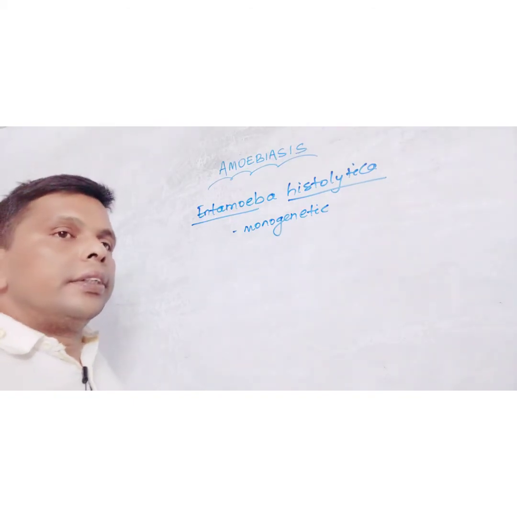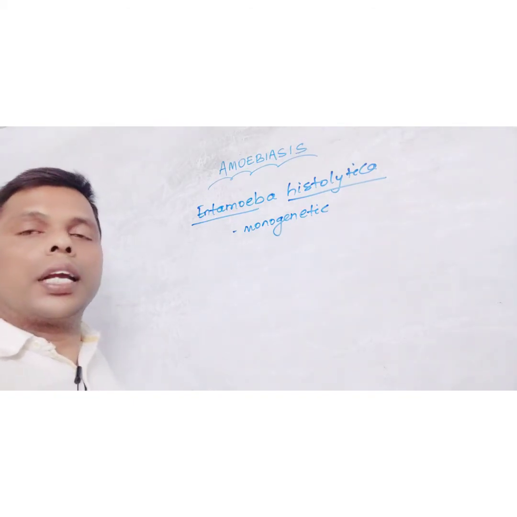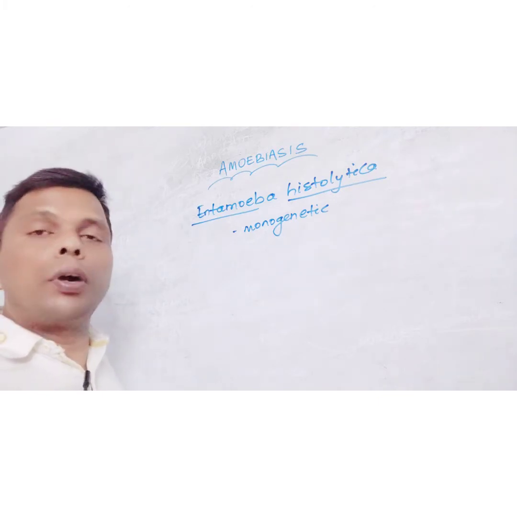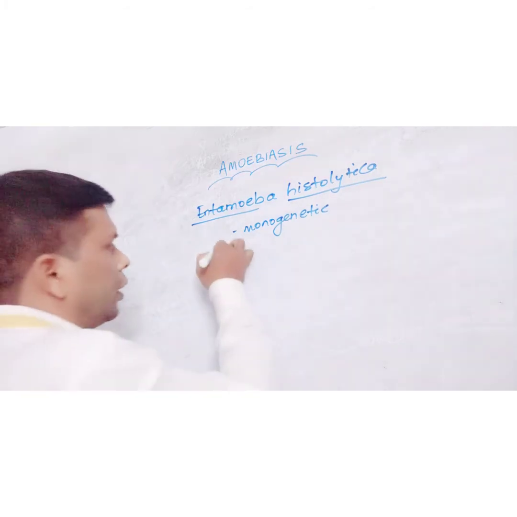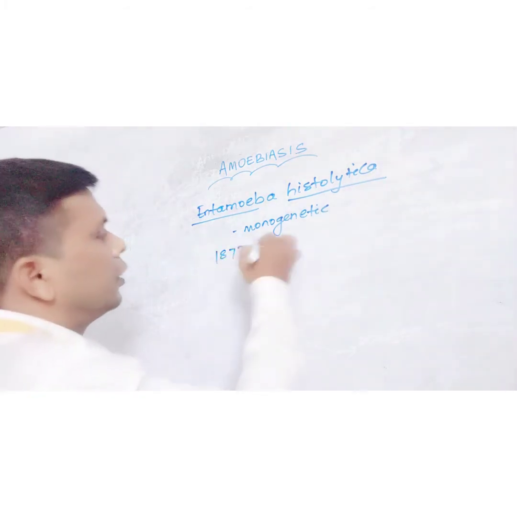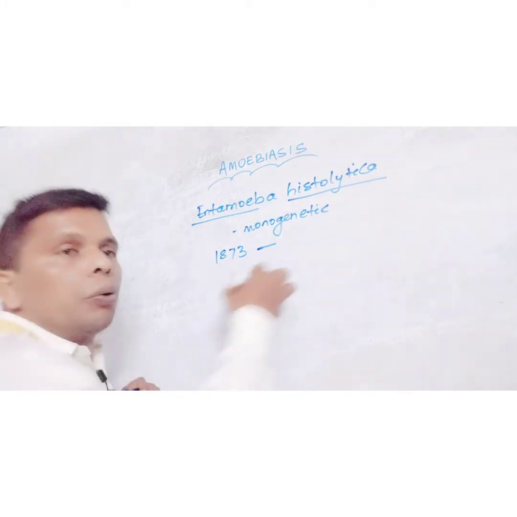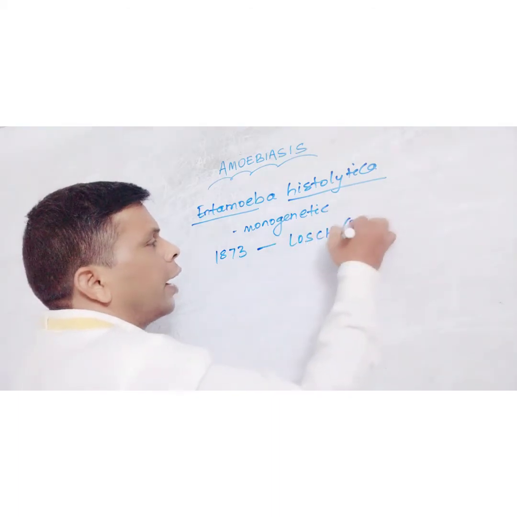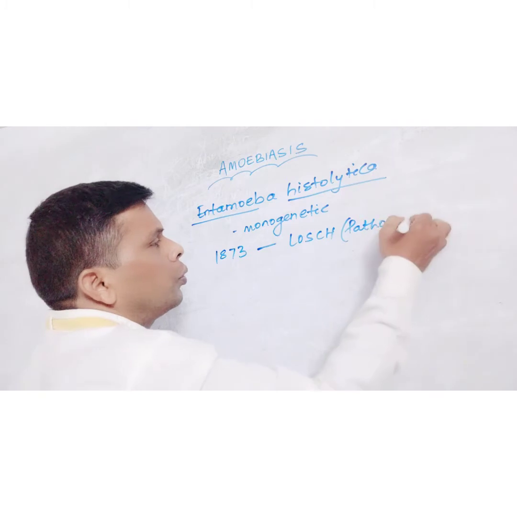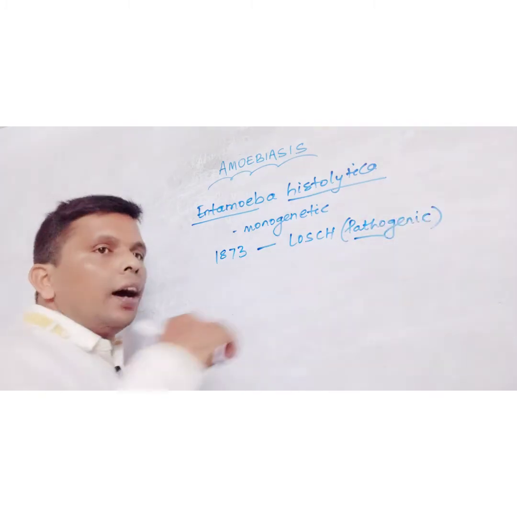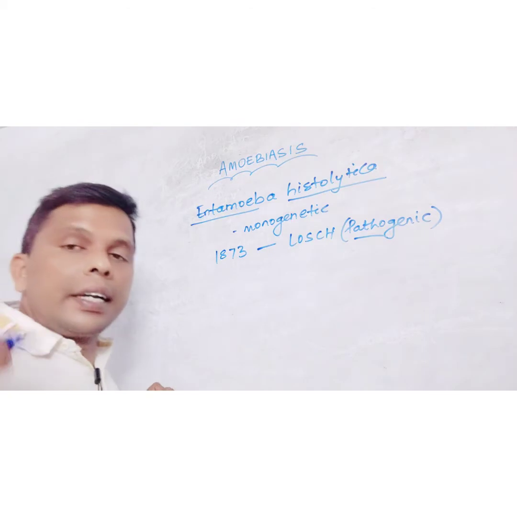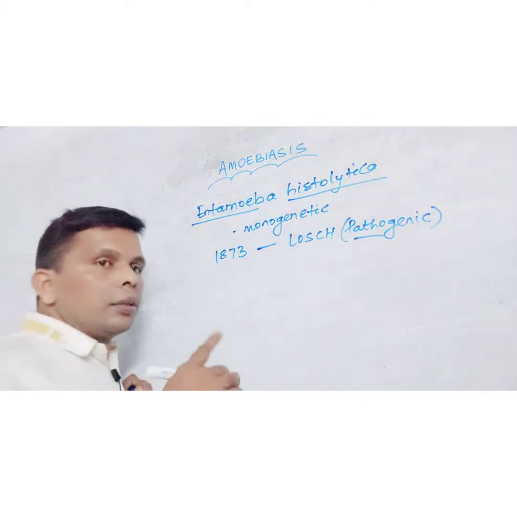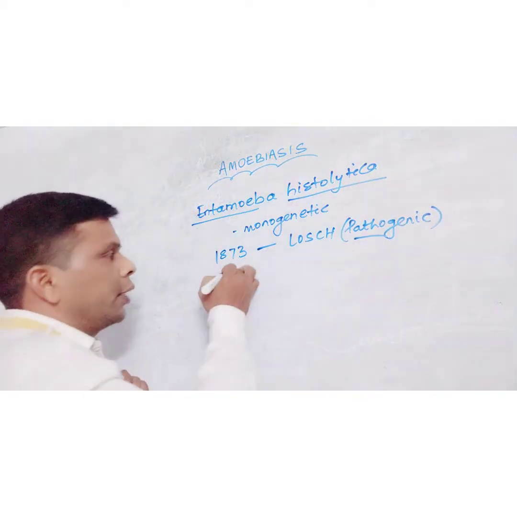The pathogenic nature of this parasite was discovered in 1873. The pathogenicity was discovered by Lösch. Lösch described the pathogenic ability, and the detailed structure of Entamoeba was described after that by Lumley.